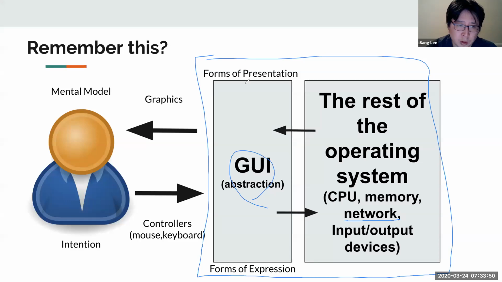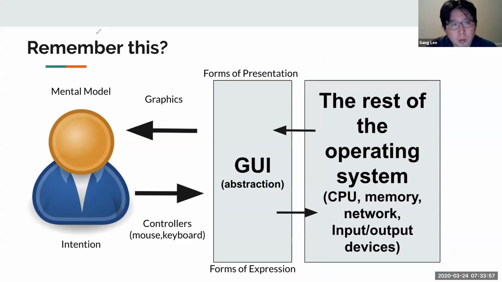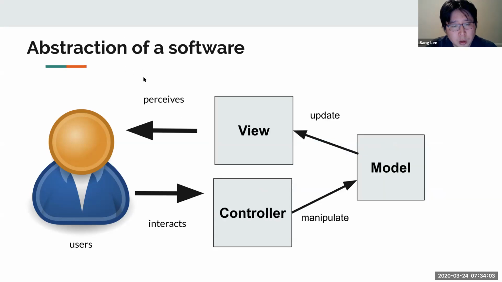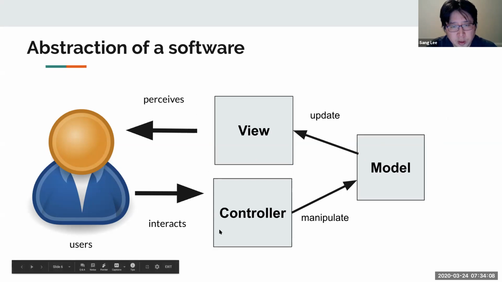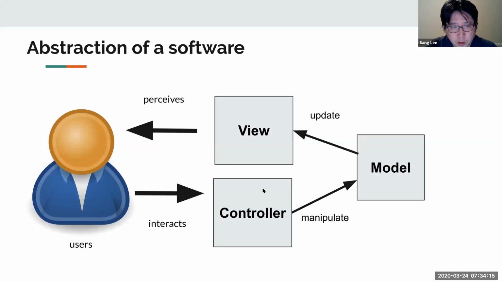In terms of GUI programming, we're going to use a model view controller. So you can replace this computational system with 3 modules: model, view, controller. Hopefully everyone has heard of this, and I think I briefly mentioned it in the previous lectures.